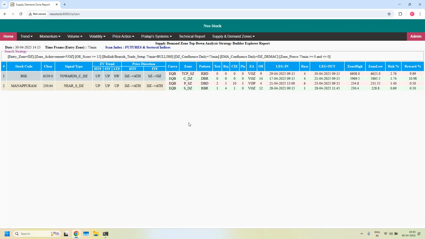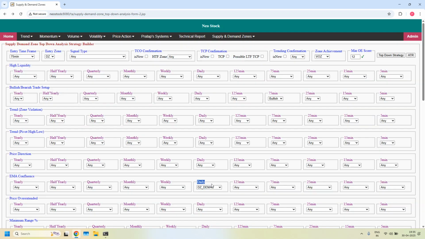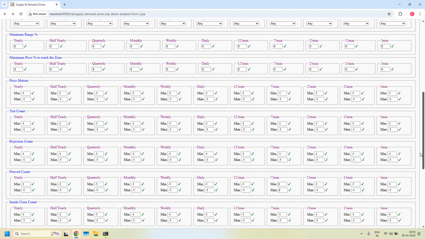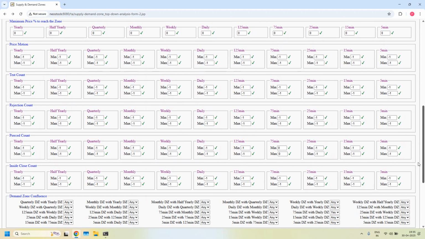Next, we will look into LTF, ITF and even HTF demand zone confluence supported stocks. Removing the EMA filter. In the demand zone confluence, we have to set 3 filters. First filter is 75 with daily demand zone, already enabled. Next, 75 with weekly demand zone confluence, and daily with weekly demand zone confluence.